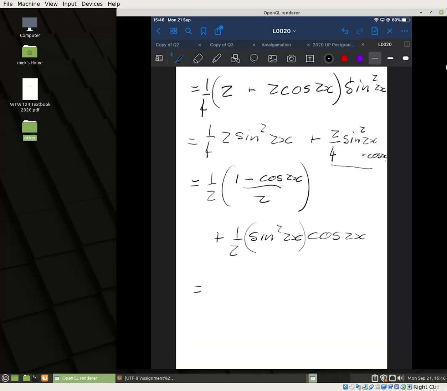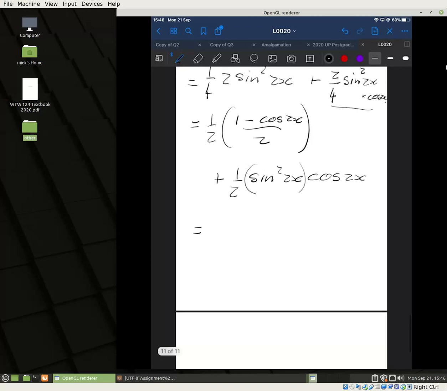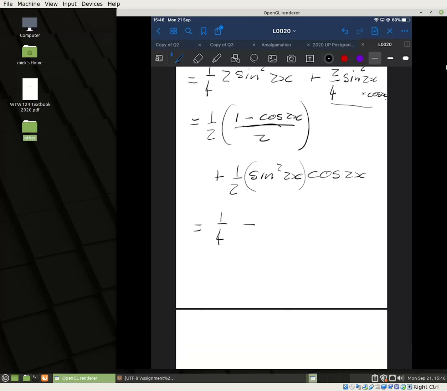Okay, and let's multiply out this term here, and let's see what we get. That becomes 1 over 4 minus 1 over 4 cosine 2x plus 1 over 2 sine squared 2x cosine 2x.